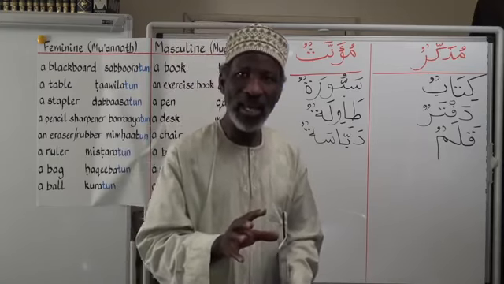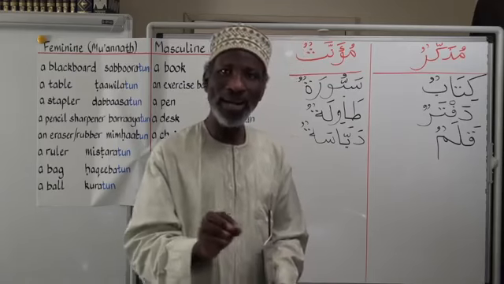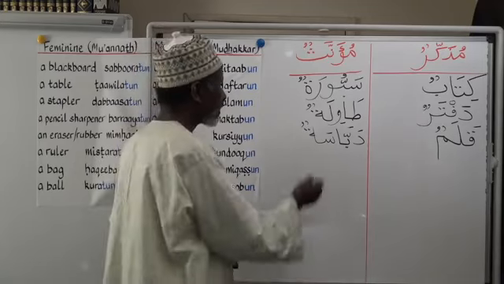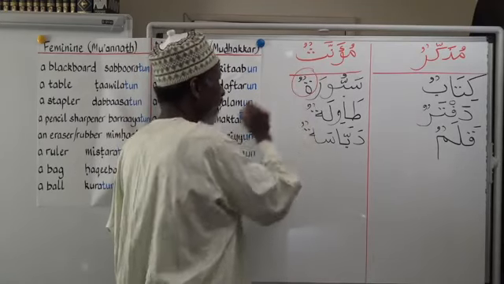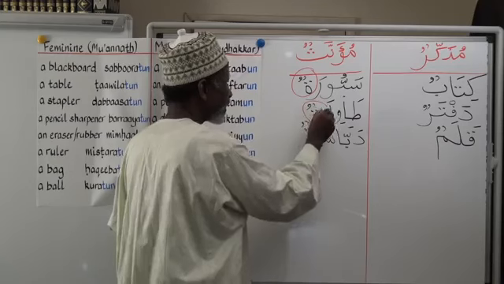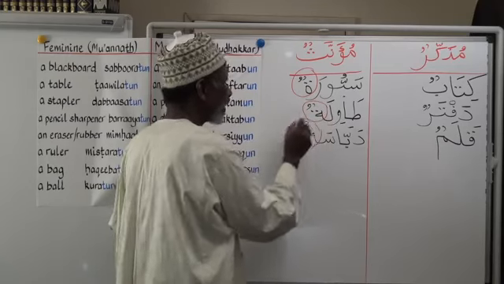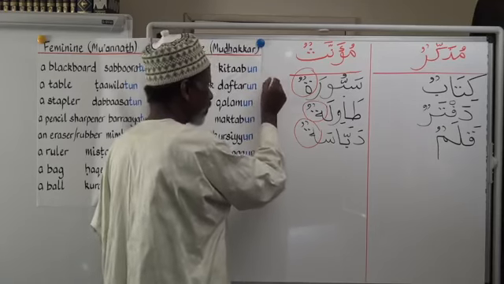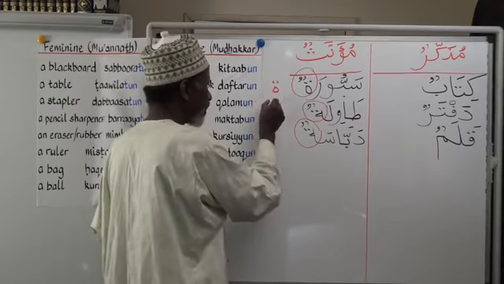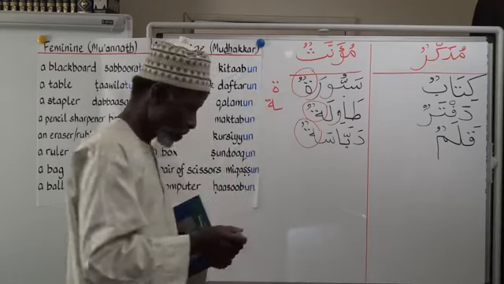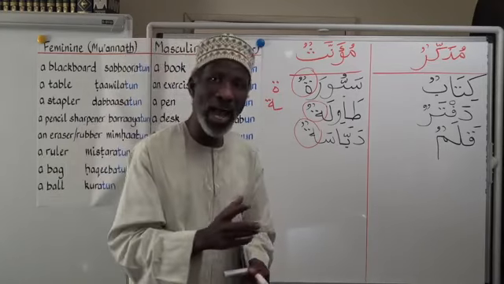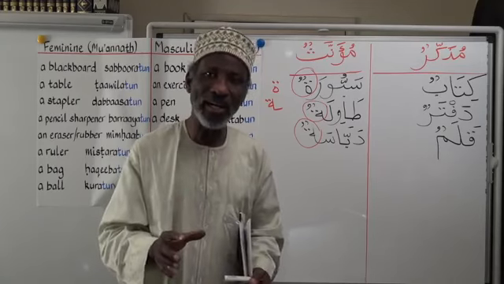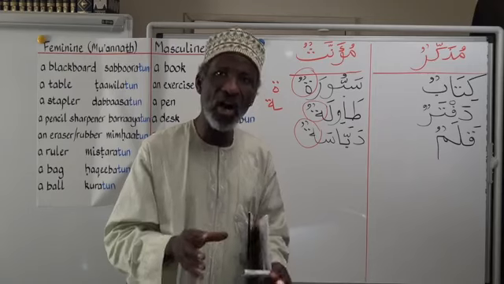In Arabic, any noun or adjective ending in ta marbuta, this type of ta, is feminine. One is this shape and the other one is this shape. That's a huge and very important sign to identify the gender of a noun.